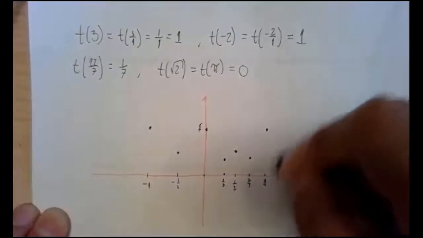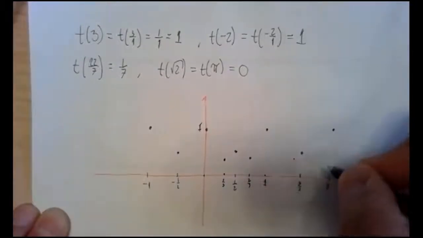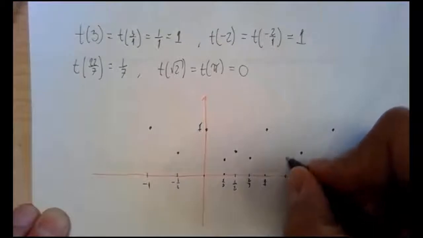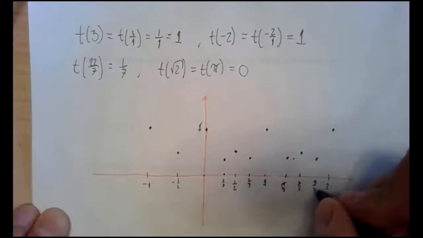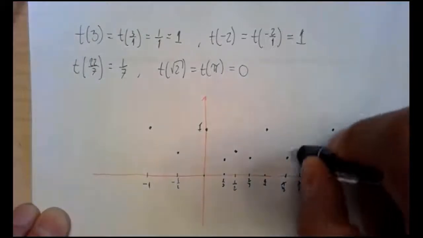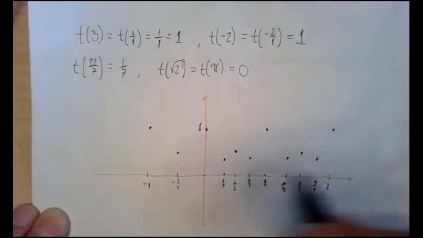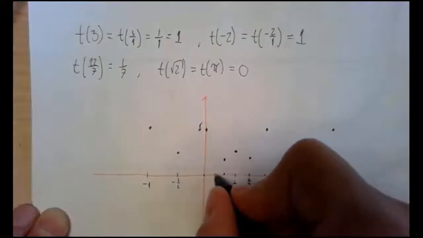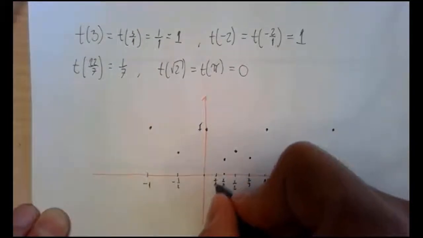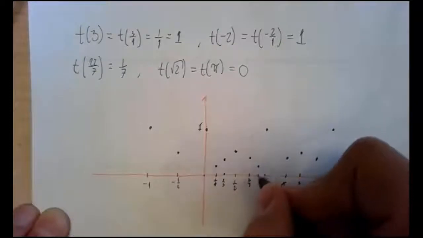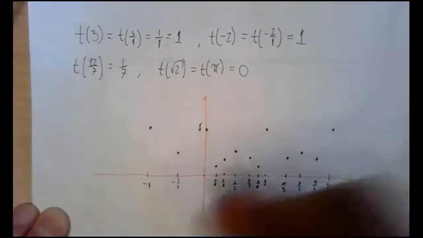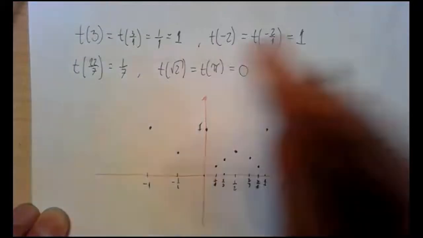Let's fix it a little bit. 4/3 should be more over here, and there's another one over here for 5/3, and so on. Then we have the 1/4, the 1/5, right? So 1/4 will be right here, and we also have 3/4 right over here. And then the entire thing repeats itself, right? It's sort of periodic.